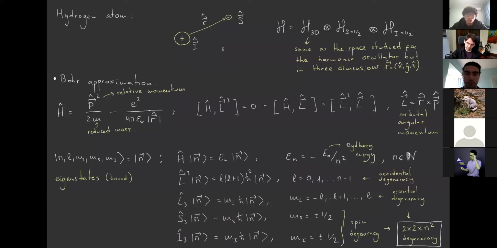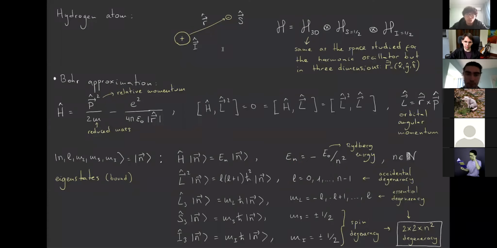On the other hand, there is also degeneracy in the orbital angular momentum quantum number, but we call it accidental, because it arises only from the form of the Coulomb potential, 1 over r. Potentials that are not 1 over r are not degenerate in L. So the energy has to be labeled with two indices, n and l.